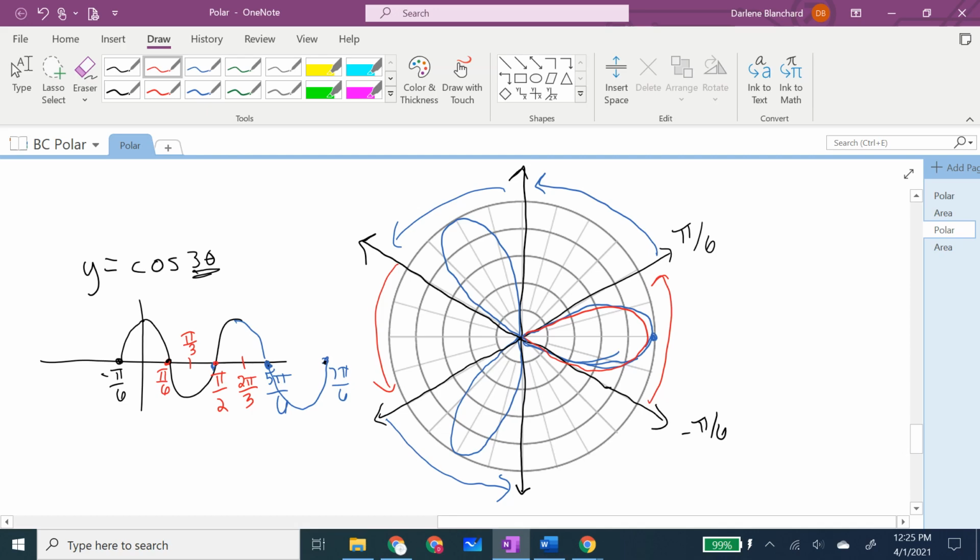Then we're going to hit 7 pi over 6 to 3 pi over 2. And that goes back to being positive. And it looks over at the pi over 6 to pi over 2 and says, I appreciate the rose petal you gave me. And I like mine too. And then it goes back to a negative radius.